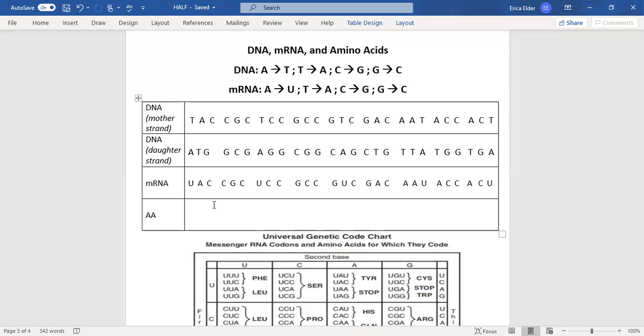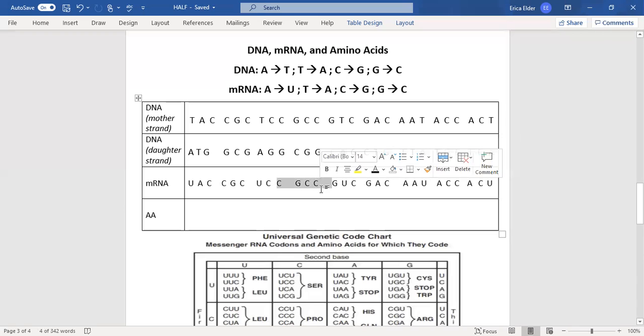Your following one will be UCC. Your fourth one would be GCC. Your next one would be GUC, then GAC, AAU, ACC, and ACU. Once again, we were making, or transcribing, the messenger RNA from the DNA strand right above it.